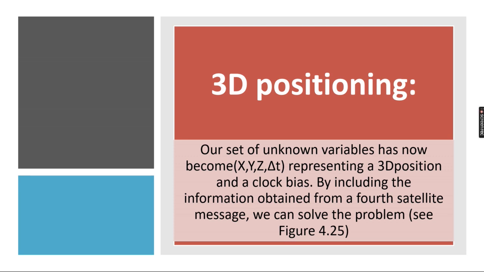If this is our Earth and we want to locate objects on the surface of Earth, that is two-dimensional, but if the object is present at a certain height, we also have to consider the height of the object. So we have to consider three parameters, x, y and z, and we have to include four satellites to find the height of the object.